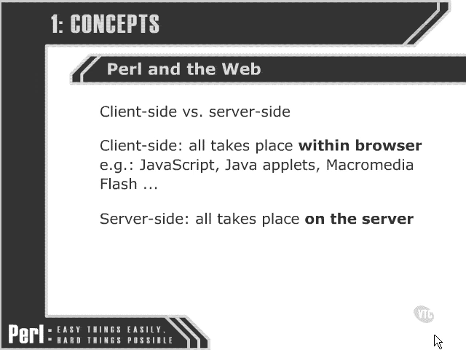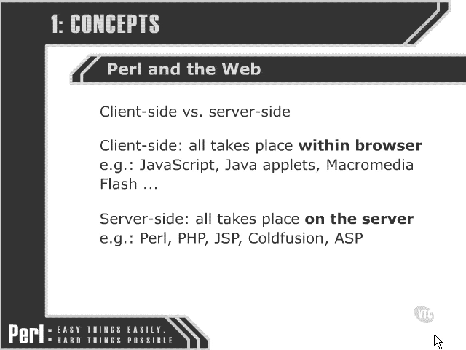Server-side scripting all takes place on the server itself. Some examples of server-side technologies would be Perl, PHP, JSP, which stands for Java Server Pages, Cold Fusion, and ASP, Microsoft's Active Server Pages.